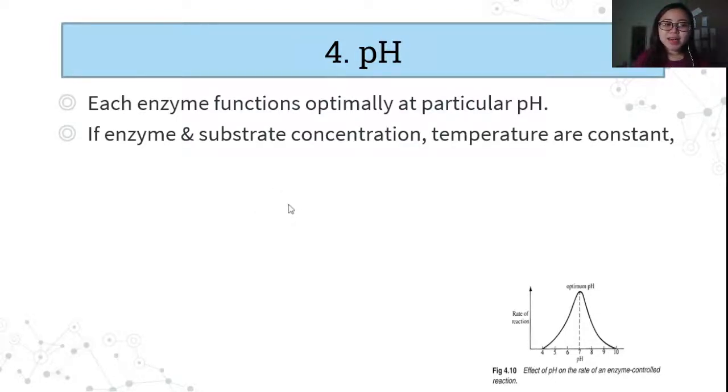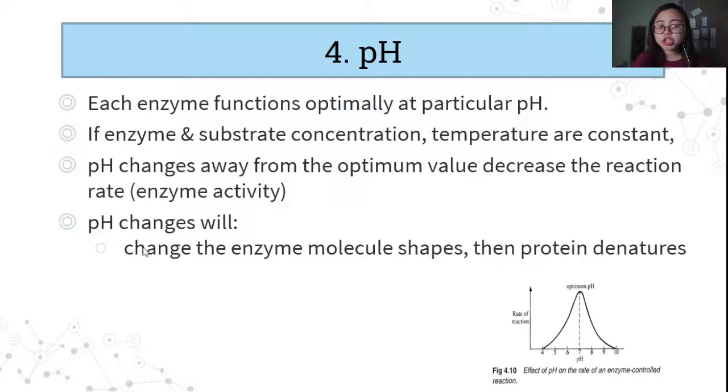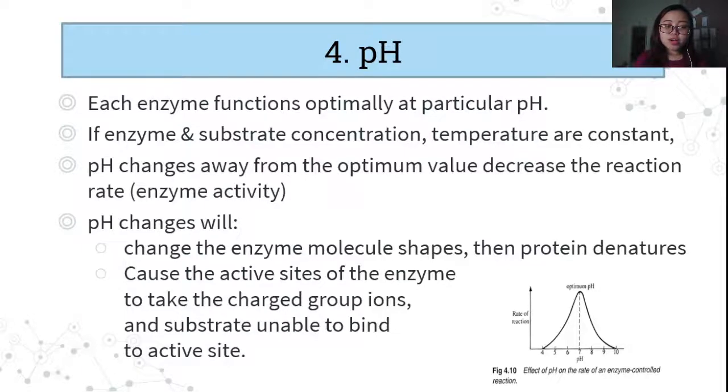If you keep the enzyme and the substrate concentration and the temperature constant, when you change the pH away from the optimum value, so either the pH is too low or too high, it will decrease the reaction rate or enzyme activity. pH changes will change the enzyme molecule shape, and then the protein denatures, and also cause the active sites of the enzymes to take the charged group ions, and therefore the substrate will be unable to bind to the active site.